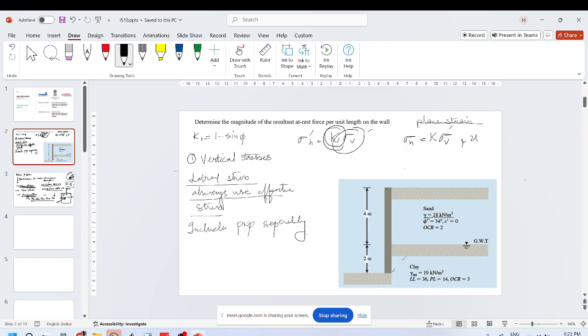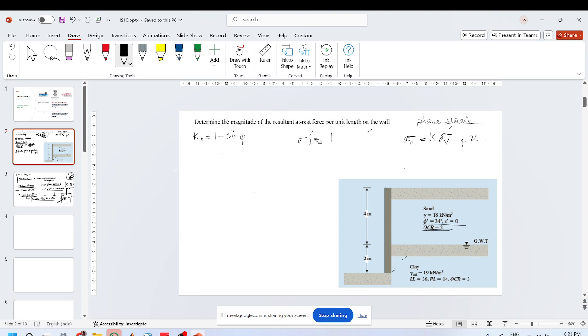So here we have a gamma of 18 kilonewton per meter cubed. OCR has been given, phi has been given. OCR has been basically given because one of the equations for K naught is we usually use 1 minus sine phi.